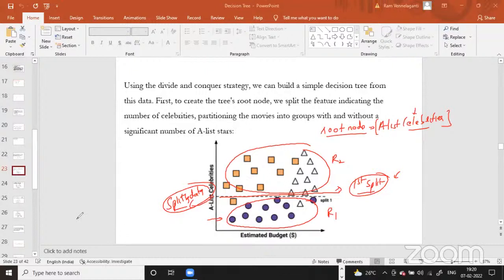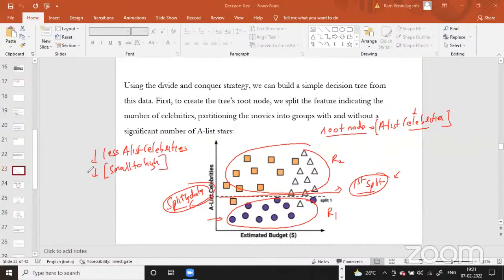Region 1 observations have very few A-list celebrities. They do not have any star power, and their budgets range from small to high. So what can we say?